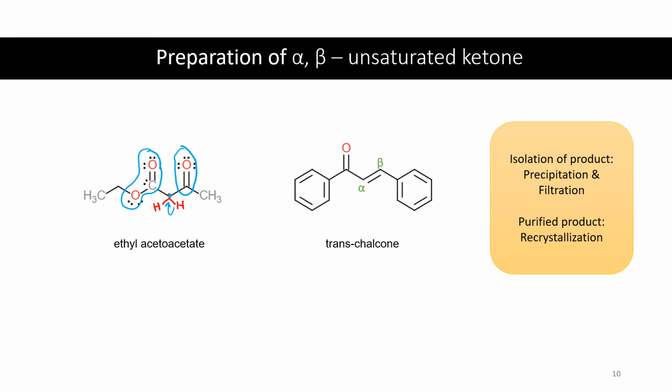So these hydrogens are acidic hydrogens. Therefore, in the presence of a strong base, let's say sodium hydroxide, this OH can accept one of these acidic protons and we can obtain the respective carbanion or nucleophile.